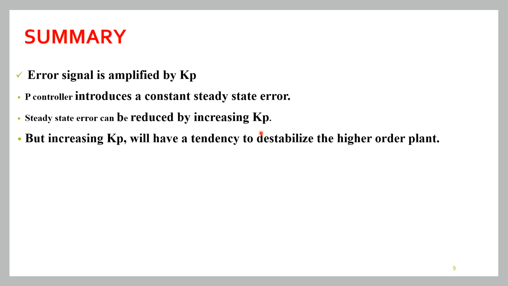Increasing the Kp value will decrease the steady state error, but increasing Kp to a larger value will destabilize my system. So the P controller can be used if you want to reduce your time domain parameters, with the opposite drawback of the introduction of steady state error.